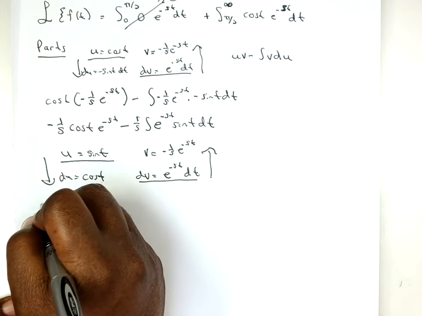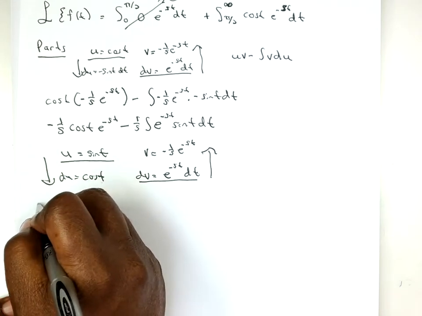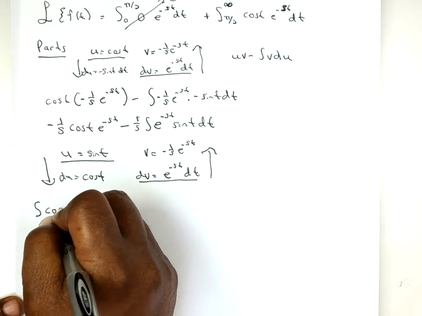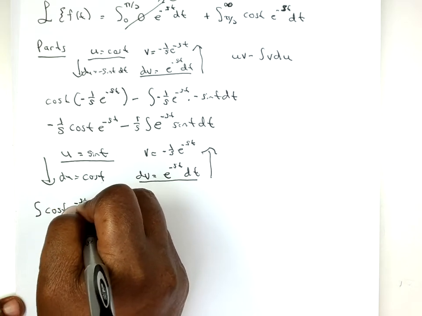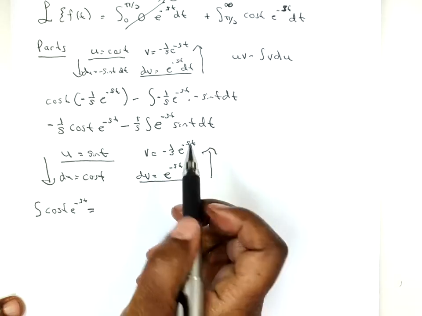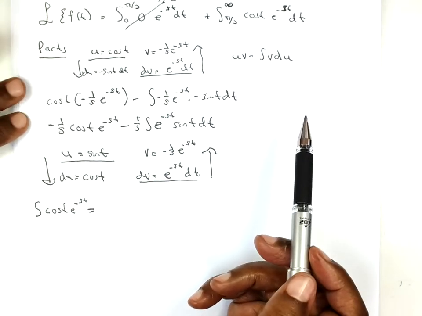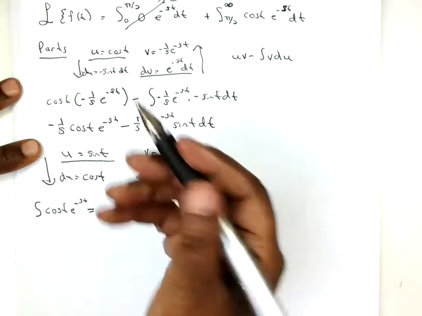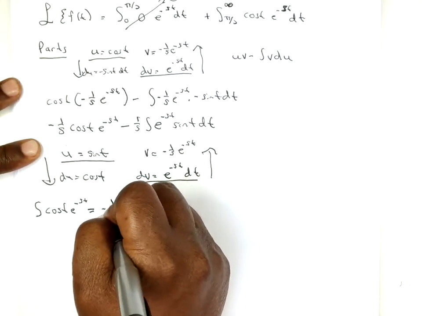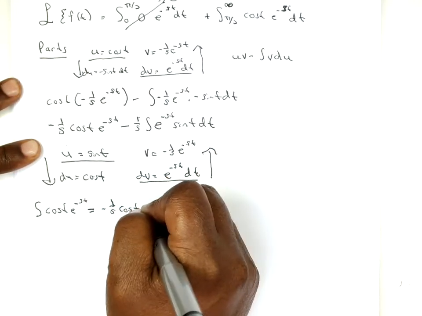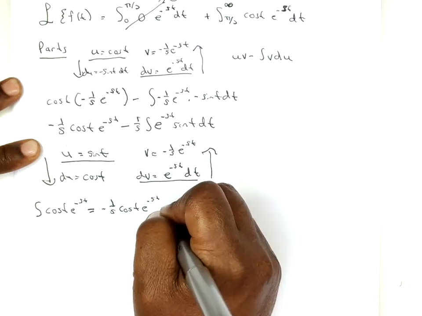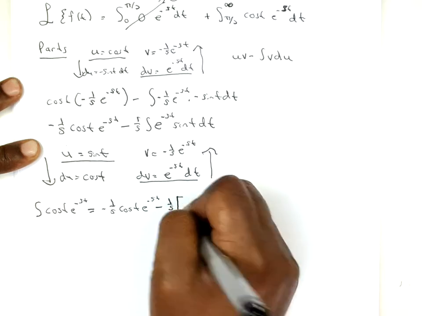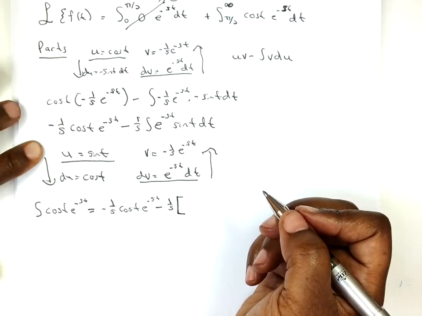So I'm going to start off with the original integral, which was cosine t e to the negative st. When we did integration by parts the first time, this is what we got. So it's negative 1 over s cosine t e to the negative st minus 1 over s. And then I have to plug in what I got the second time.